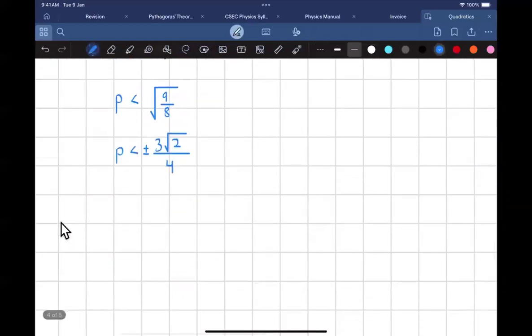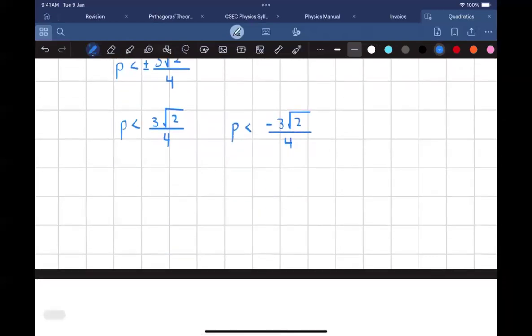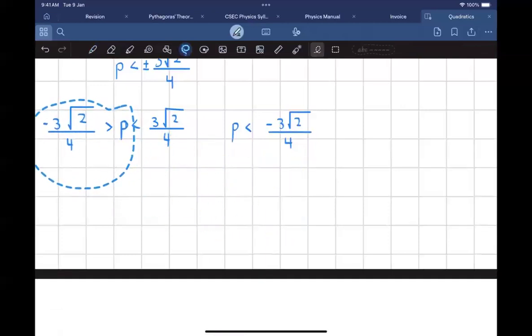But let me show you the other working. So p is less than... Yeah, that's what the final answer would look like.